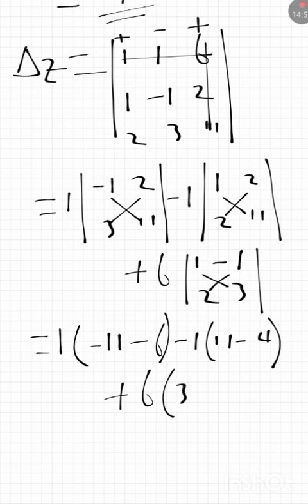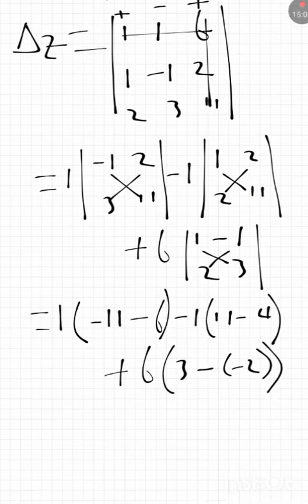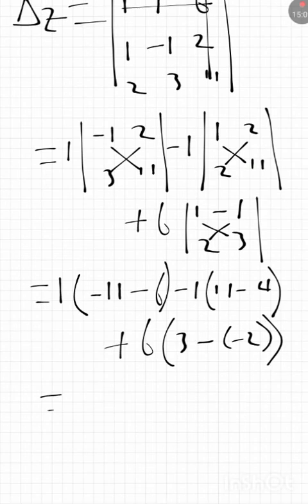That is 3 minus 2. So at the end of the day, minus 11 minus 6, that is minus 17 times 1, minus 17. Then 11 minus 4, that is 7 times minus 1, minus 7. 3 minus minus 2 is actually 5. 5 times 6, that is going to give me plus 30.